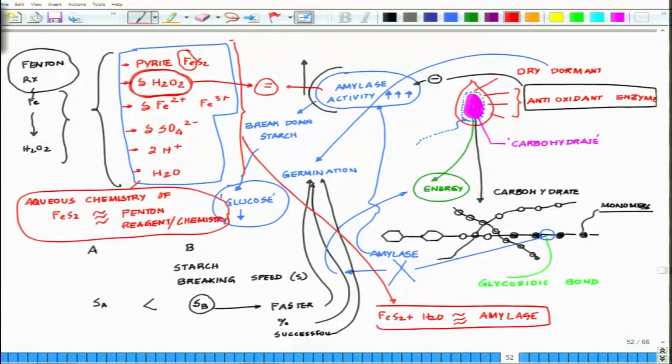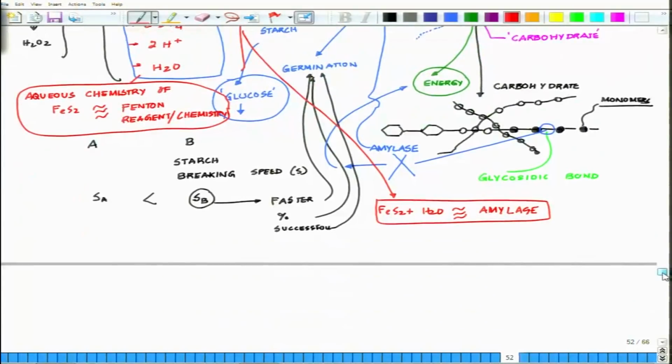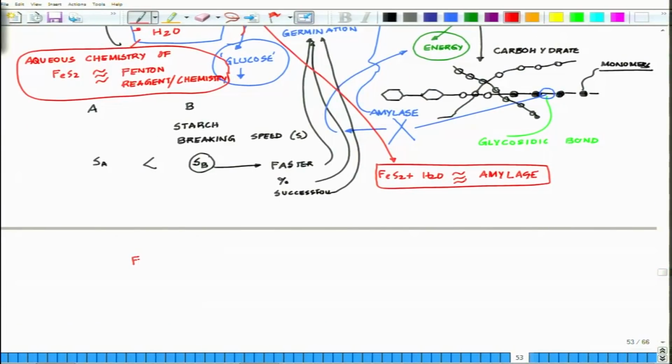Okay. So, in other words, one can consider the FeS2 plus water system as equivalent to amylase, or an artificial starch breaking enzyme system.